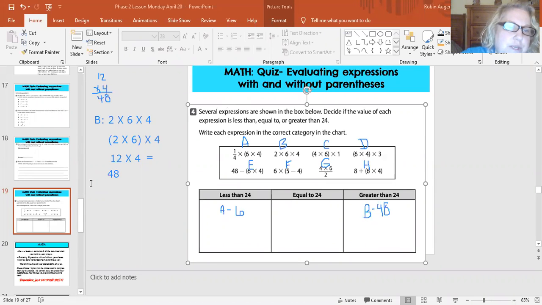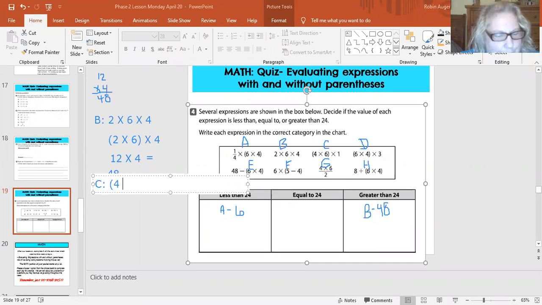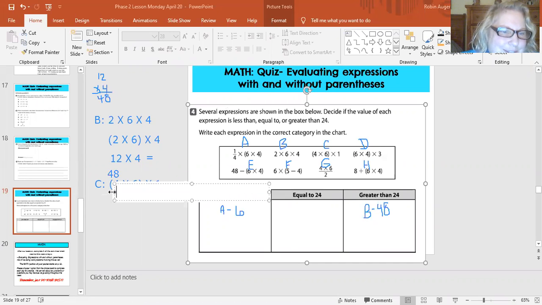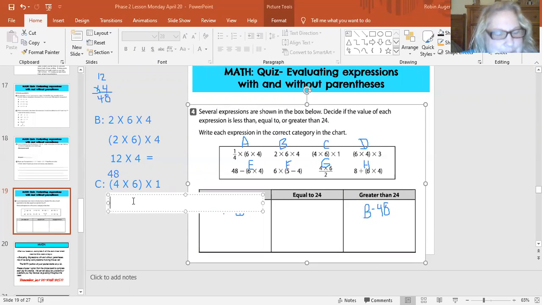Okay, so C says 4 times 6 in parentheses times 1. Easy, okay? Let's write it out. Parentheses 4 times 6, close parentheses, times 1. All right, let's solve our parentheses first. 4 times 6 is 24.